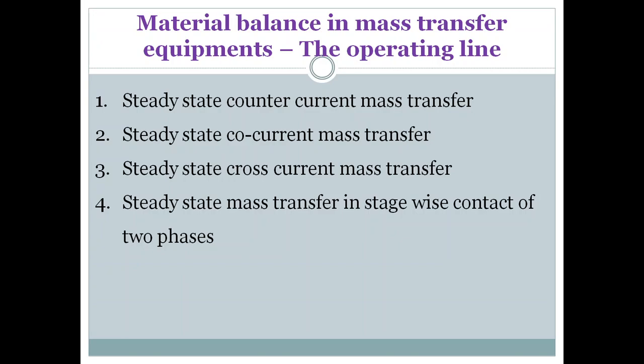And we have seen that if we make the calculation in terms of mole fraction, small x, small y, with total molar flow rates L and G, then the slope will be L by G. But L and G will change along the separator, so the slope will change, and therefore that curve will be non-linear.